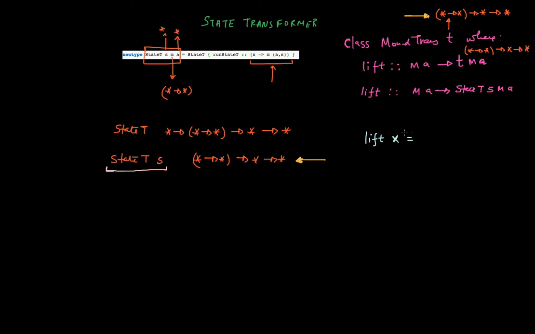The value in x has type m a, and it gives you back as output some value of type StateT s m a. How do you create a value of type StateT s m a? I can create that value by invoking the value constructor StateT.